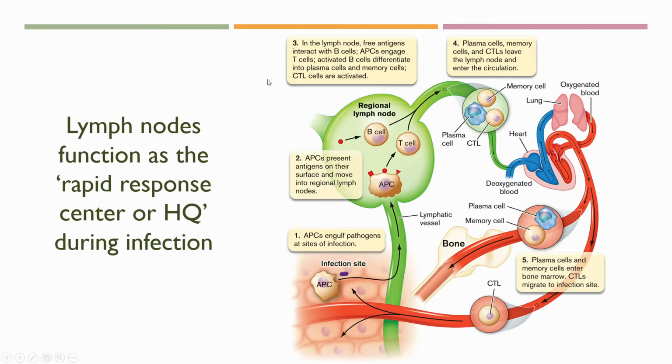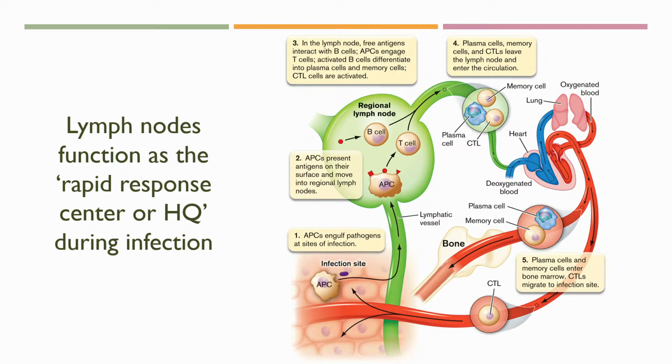So once again, lymph nodes function as the rapid response center or the headquarters during infection. So another way to show you this, here we have the antigen presenting cell that's engulfing the pathogen at the site of infection. And so then these antigens and antigen presenting cells can enter the lymph nodes or lymphatic vesicles and then present the antigens on their surface and move into lymph nodes, where T cells and B cells are.